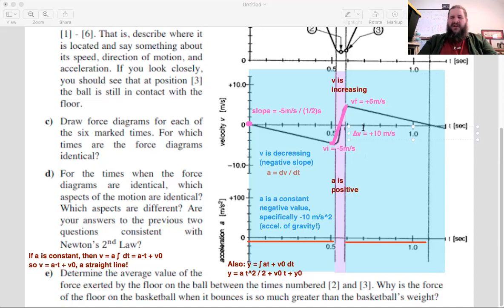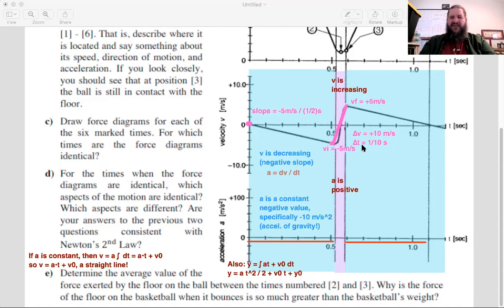So we're changing velocity by 10 meters per second over the course of how much time? What is that short period of time there, approximately? Yeah, it looks like about 0.1 seconds, about 1/10 of a second. So to find the average acceleration, and keep in mind this is average acceleration, this isn't truly the acceleration at each instant.